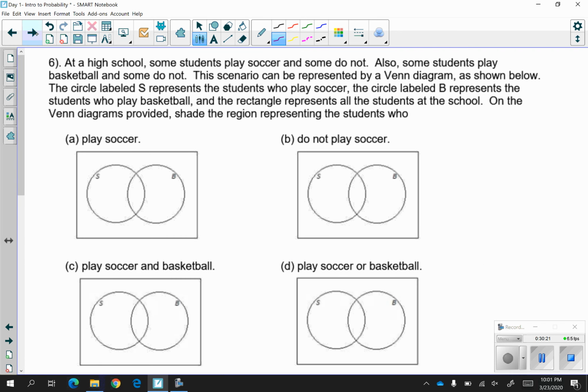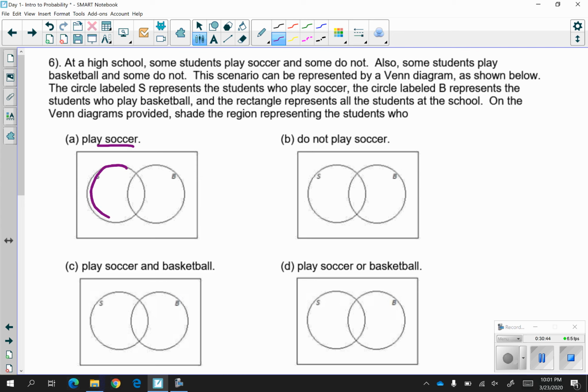And finally, just some practice on probability. Pause the video and take some time to even read the question. So we're talking about soccer and basketball, right? A wants you to find the probability of just soccer.